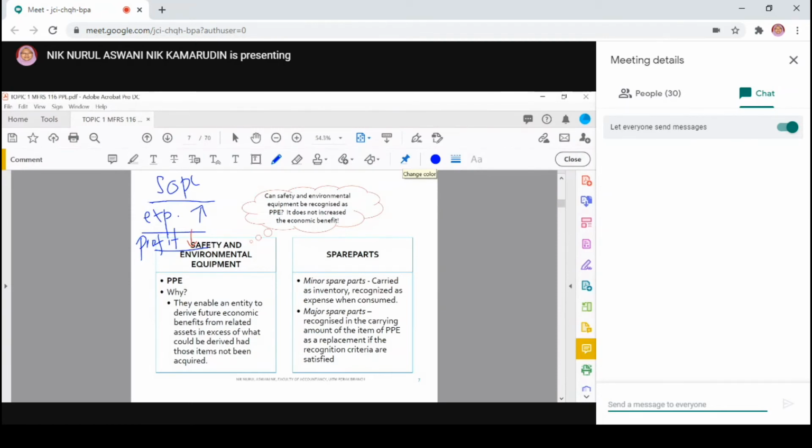Because they enable an entity to derive future economic benefits from related assets in excess of what could be derived had those items not been acquired, meaning that if we do not purchase this safety equipment, most probably it can affect the safety of our labor, of our worker, and then it will affect the production. So that's why the standard says that this one can be recognized as PPE.